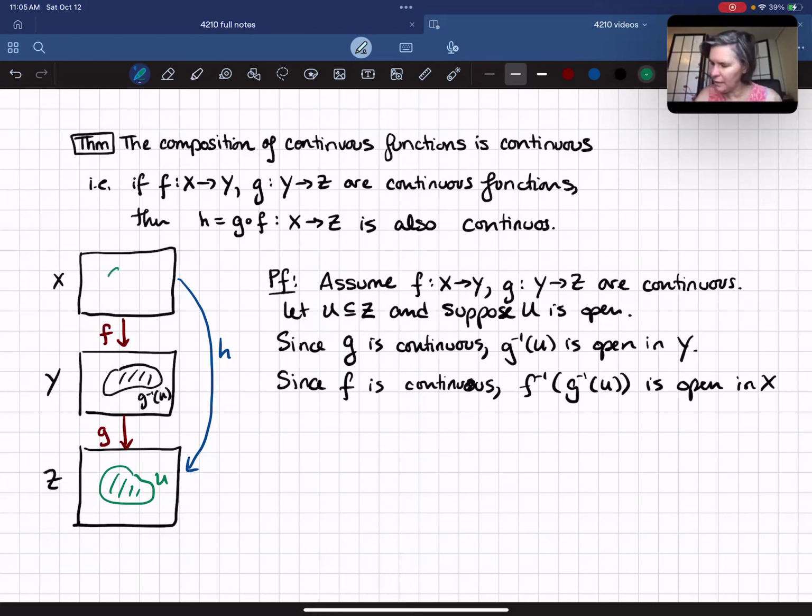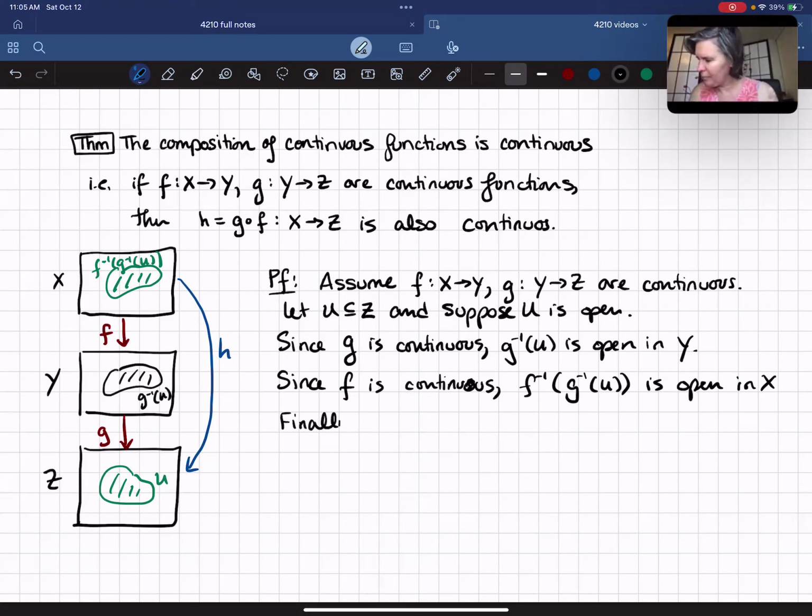So here's my f inverse of g inverse of U. But that is h inverse.